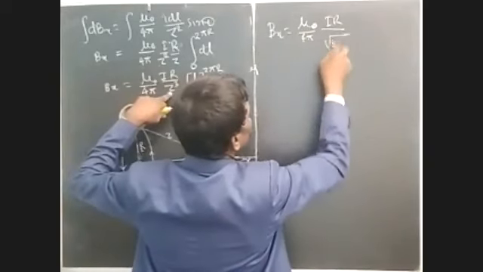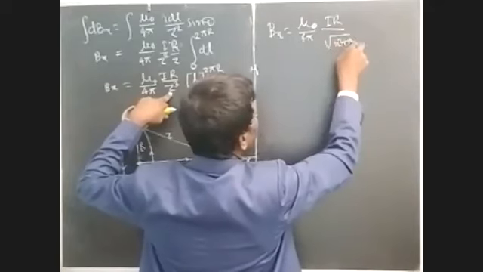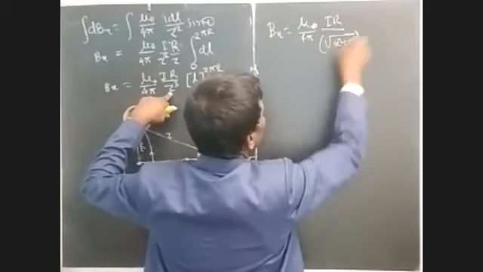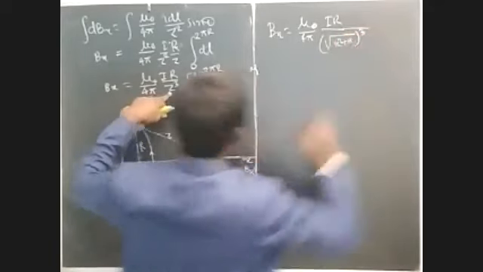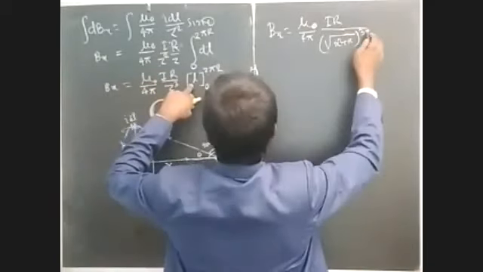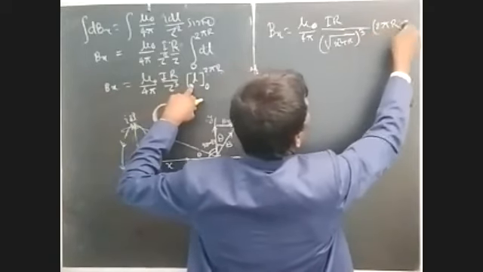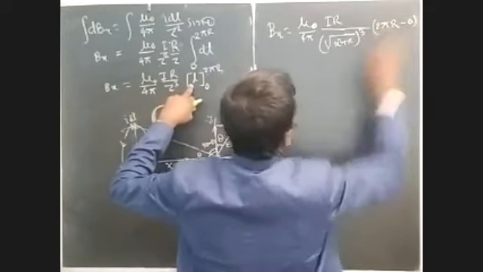Root under x square plus R square. This is the value of z to the power 3, okay, because 3 is here. And then L equal to, you write 2 pi R minus 0, upper limit minus lower limit.